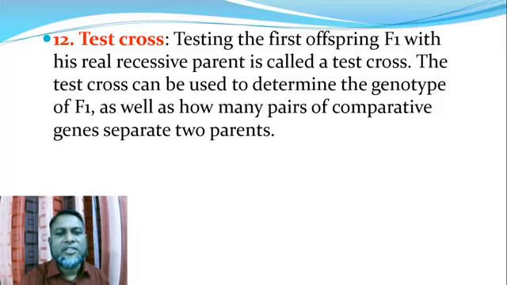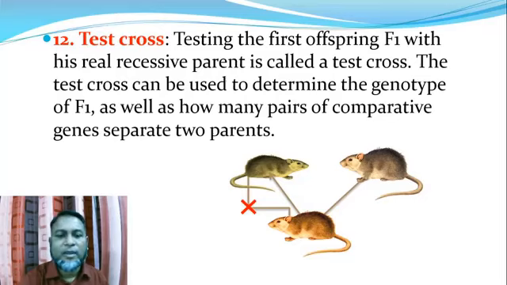Test cross: crossing the first offspring F1 with its recessive parent is called a test cross. The test cross can be used to determine the genotype of F1 as well as how many pairs of contrasting genes separate the two parents. Here, a thin rat and a healthy rat are crossed, and we get a healthy rat.